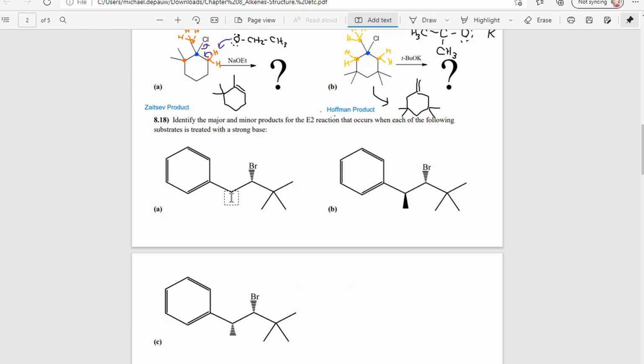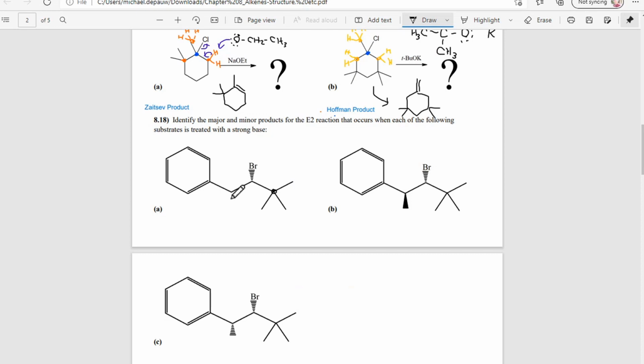It's not exactly that. It's more like if you remember our Newman projections. I mean, you're not completely wrong, but if you remember our Newman projections, basically they have to be anti to each other. Oh yeah, okay. So in this case, for example, this carbon obviously has no hydrogens to eliminate, right? Right.